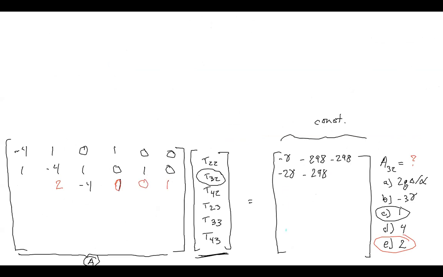And then over here, I'd have minus 3 alpha, and then plus that 2Q, what was it? 2Q delta over alpha. So sorry, that's minus 3 gamma plus 2Q delta over alpha.